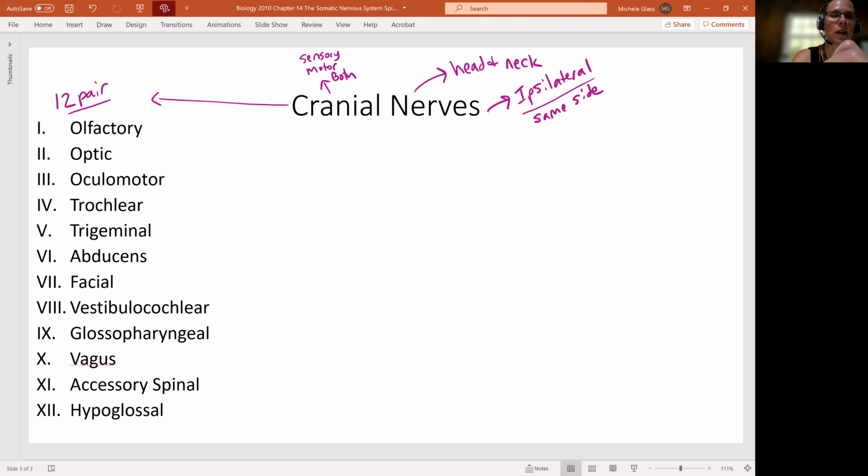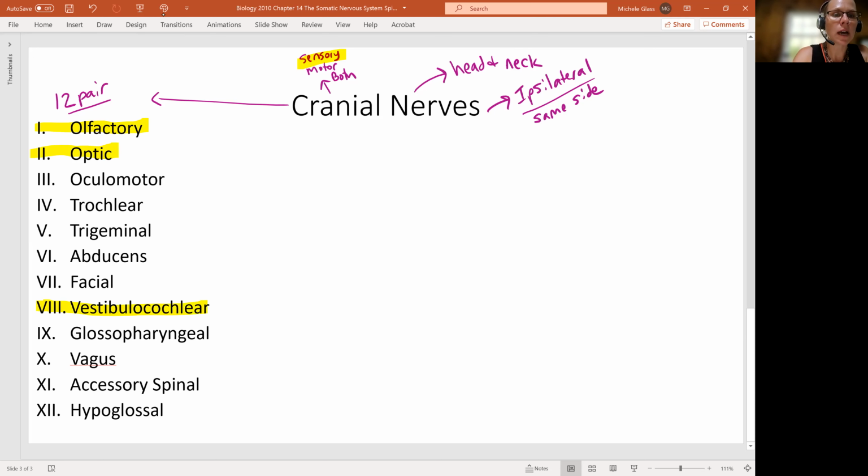Let's go through our list and identify those cranial nerves that are sensory. Sensory means part of the afferent division, collecting sensory information and then bringing that into the central nervous system. We're going to see cranial nerve number 1, olfactory, cranial nerve number 2, optic, and cranial nerve number 8, vestibulocochlear.